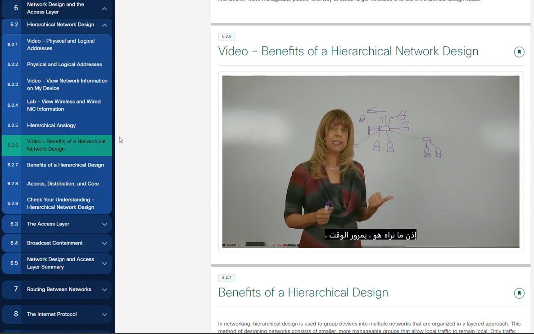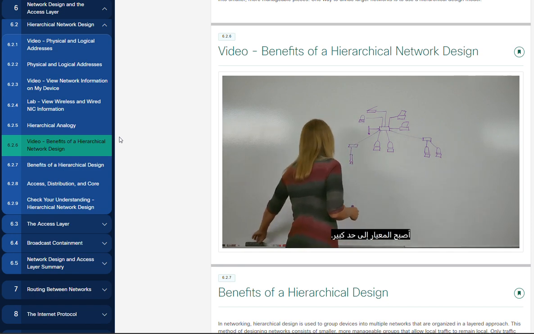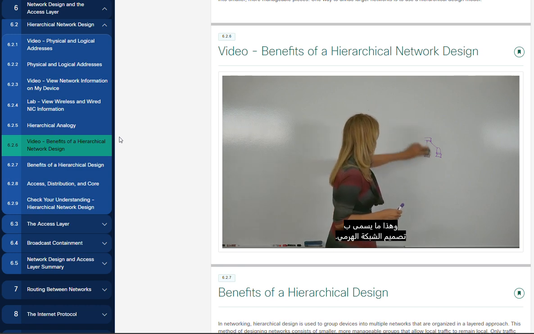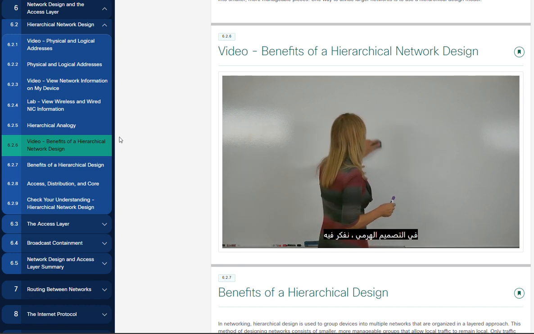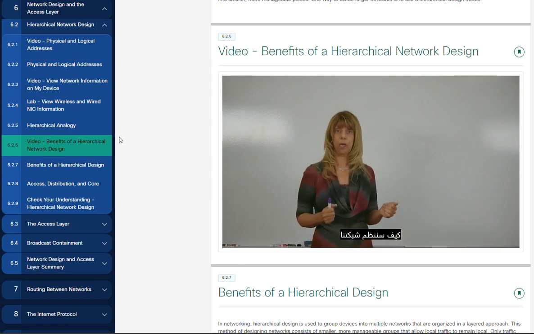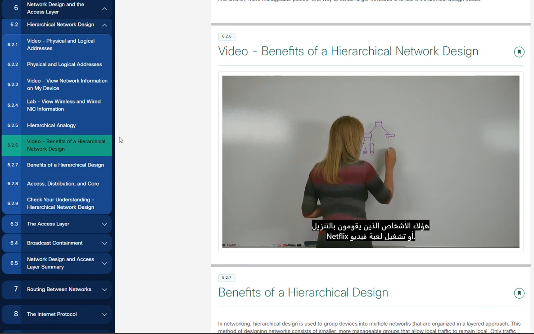So what we see is, over time, a different type of network architecture has become pretty much the standard, and that is called a hierarchical network design. In a hierarchical design, we think about how we are going to organize our network such that we have important things like servers separated from the user groups that might be, again, those people downloading Netflix or playing a video game.